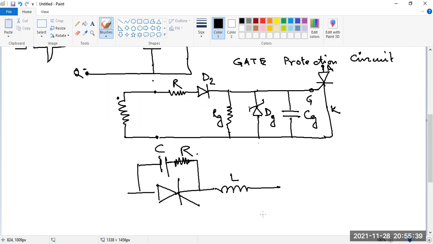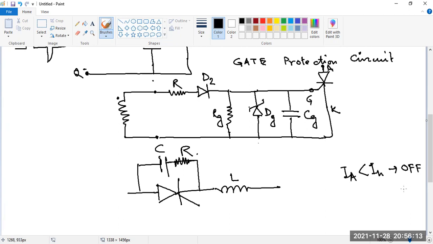Another thing is that with the thyristor, the problem is you can turn on the device, but you cannot turn it off, because the device is turned off only when the device current is withdrawn. That means the device current becomes less than its holding current value, isn't it? When the anode current becomes less than the holding current, then it will be off automatically.